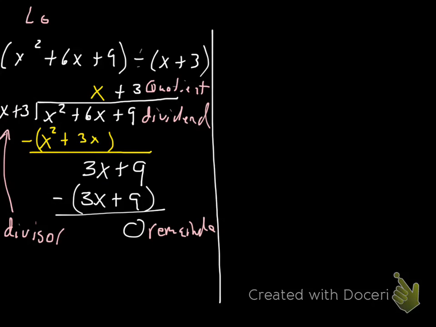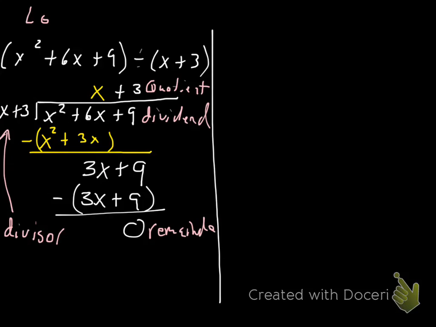Now we're going to talk about a shortcut that will work for linears. Linears will be in the form x plus or x minus a number. If you have an x squared or an x cubed and you're trying to divide with that, synthetic division will not work. It can be done with something like 2x plus 3, but it's not advisable, because synthetic division is a little bit harder with that.